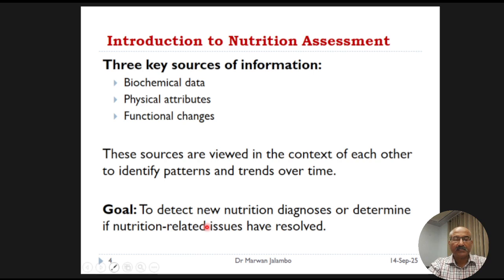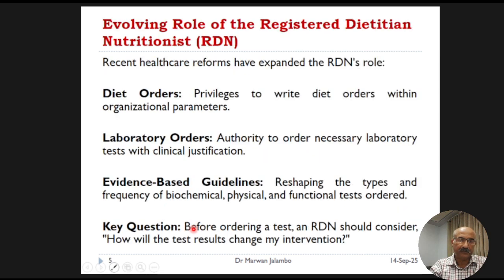This process is becoming even more critical as the role of the registered dietitian nutritionist continues to evolve within the healthcare system. The field of dietetics is undergoing significant changes due to healthcare reforms, and this directly impacts our assessment practices.